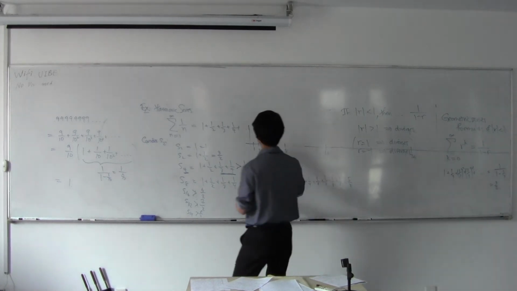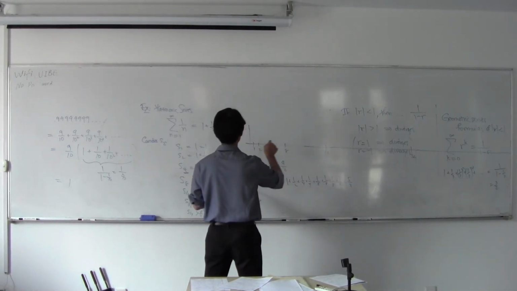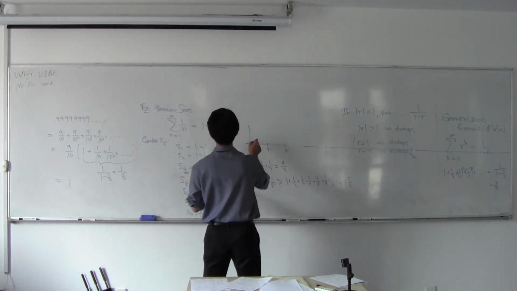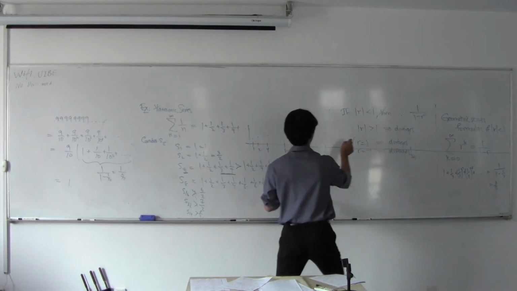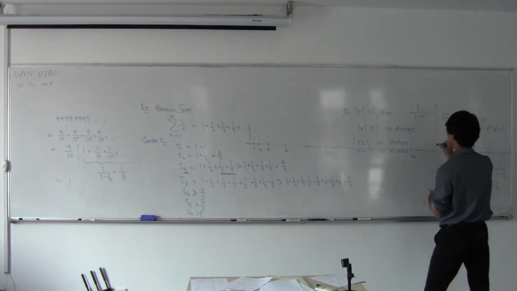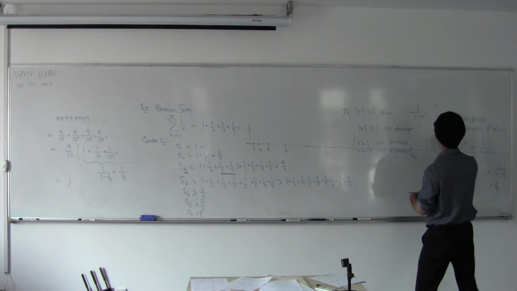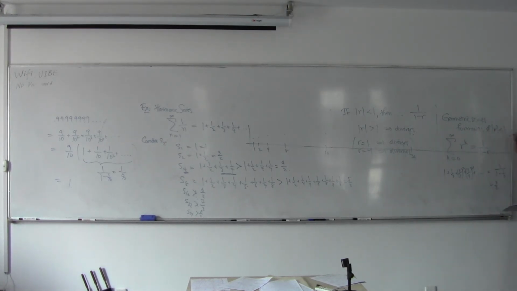Every time I double, then I increase by a half, right? I'm at 1 here, I get half here, I get another half here, another half here, and another half up here, right? It's very, very slow, but as you go off to infinity, this actually goes to infinity also, right? This also goes to infinity, although very, very slow.